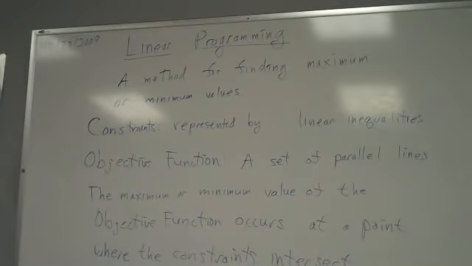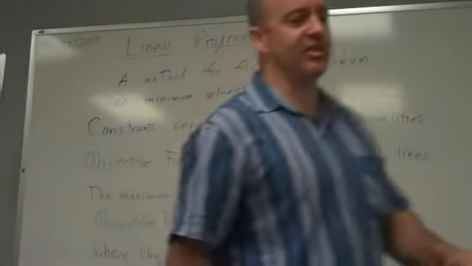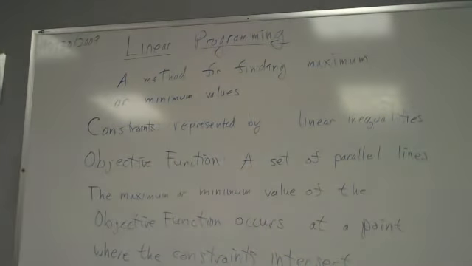The maximum or minimum value of the objective function occurs at a point where the constraints intersect. I'm going to let that sentence sit there for a minute, get it written down, and then I'm going to try and start telling you what it means, and we'll go into some examples.